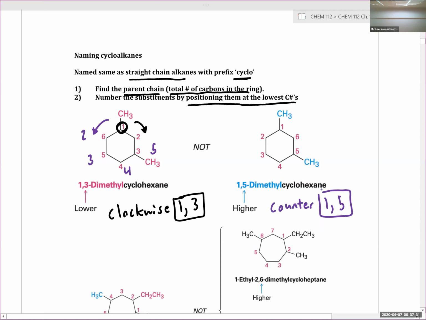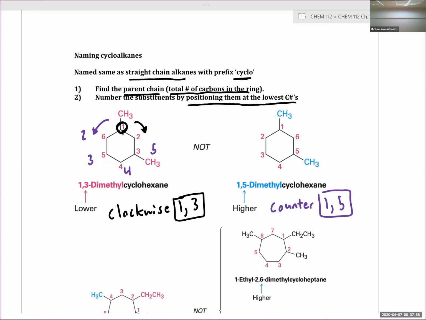And as we can clearly see, if we count in the clockwise direction around our ring, we end up with lower carbon numbers. So we're going to use the clockwise numbering method in this case. In other examples, you may have to count counterclockwise. The key thing is you count your carbons in your ring to give you the smallest carbon locant numbers.